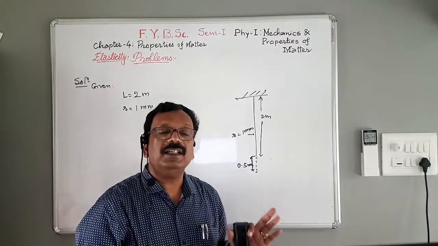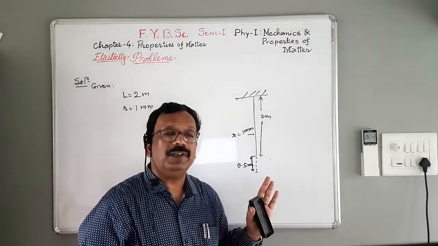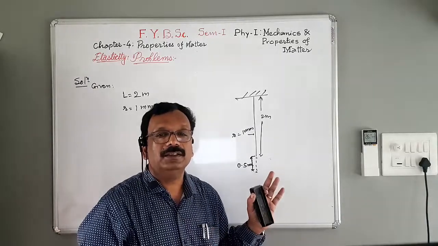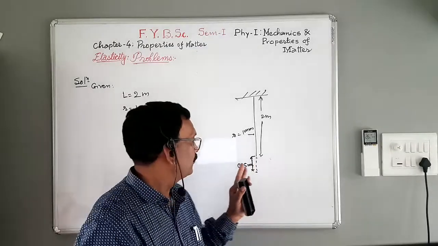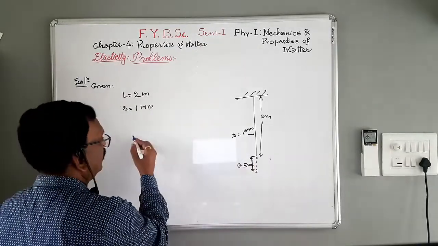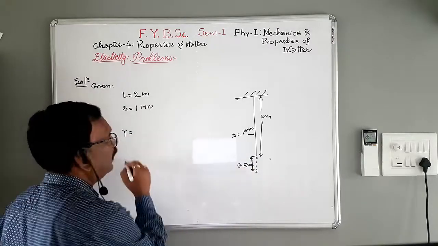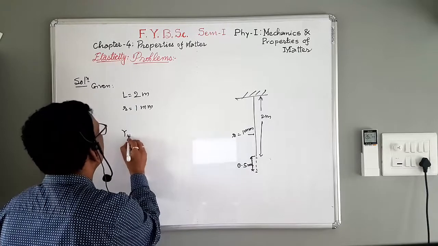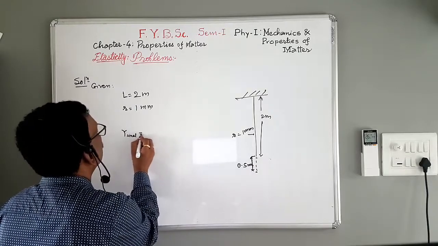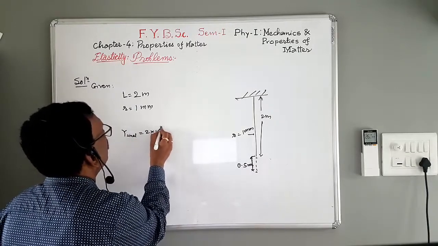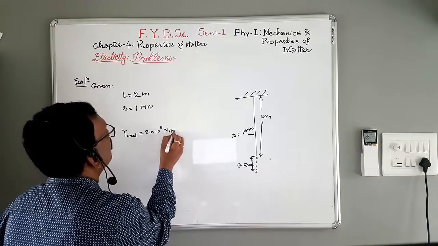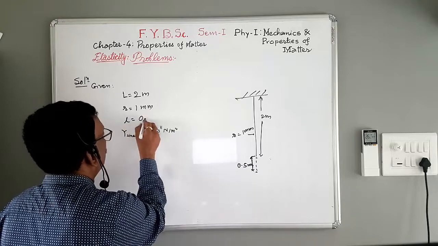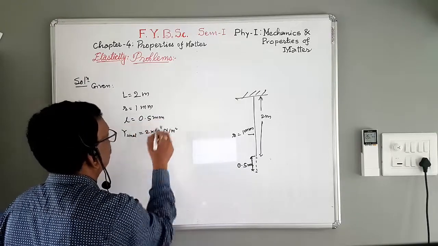Now, find the energy stored per unit volume of the wire and work done in stretching the wire, where Young's modulus of the steel is again 2 into 10 raised to 11 Newton per meter square, and l is 0.5 millimeter.